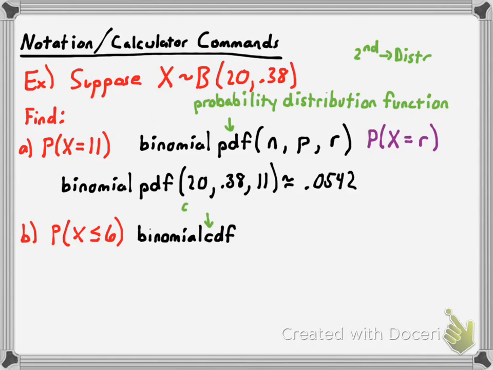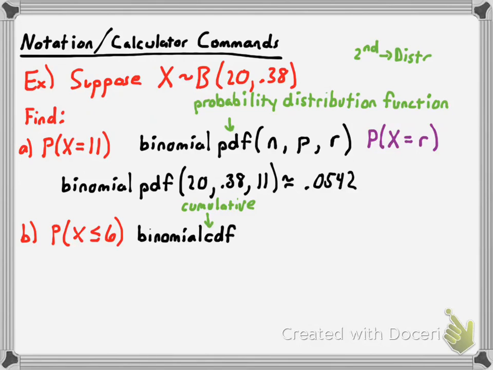The C stands for cumulative. This is the binomial cumulative distribution function. What it's going to do is calculate, in just one entry on the calculator, the probability that we get up to 6 successes. It sums up the probability of getting 0 successes with the probability of getting 1 success and 2 successes and so forth.